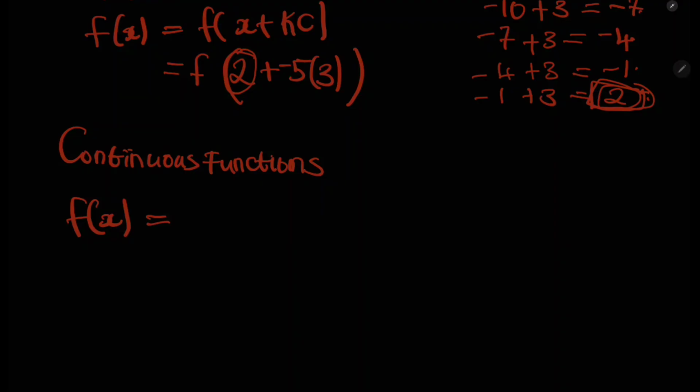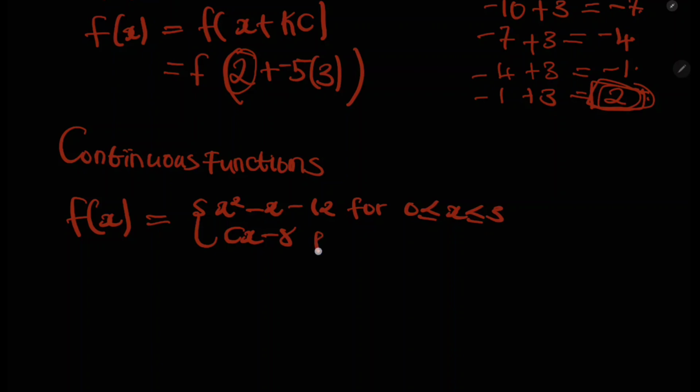So let's say we have f of x equal to x squared minus x minus 12 for this range, and cx minus 8 for the other.